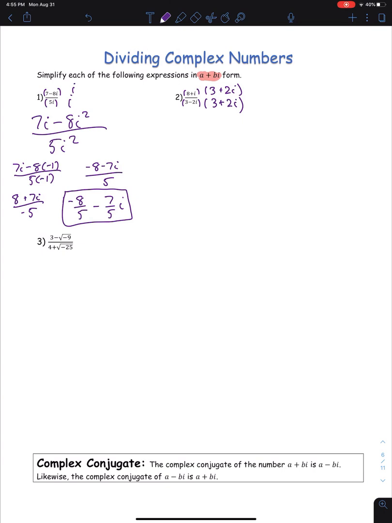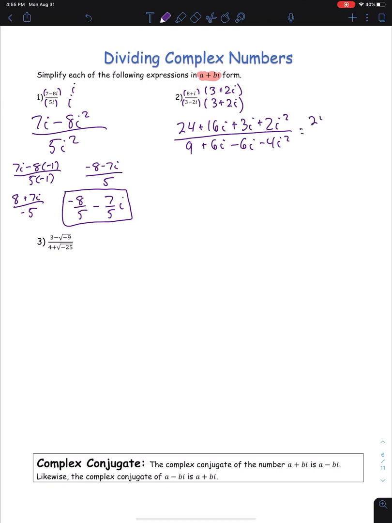So double distribute the numerator. You get 24 plus 16i plus 3i plus 2i squared. All over, do the same thing in the denominator. 9 plus 6i minus 6i minus 4i squared. Let's simplify that a little bit.